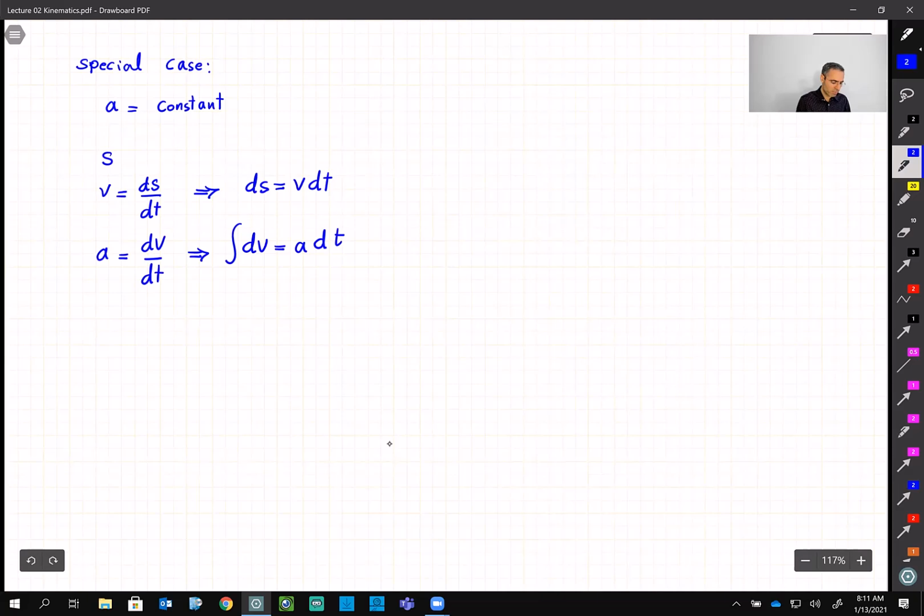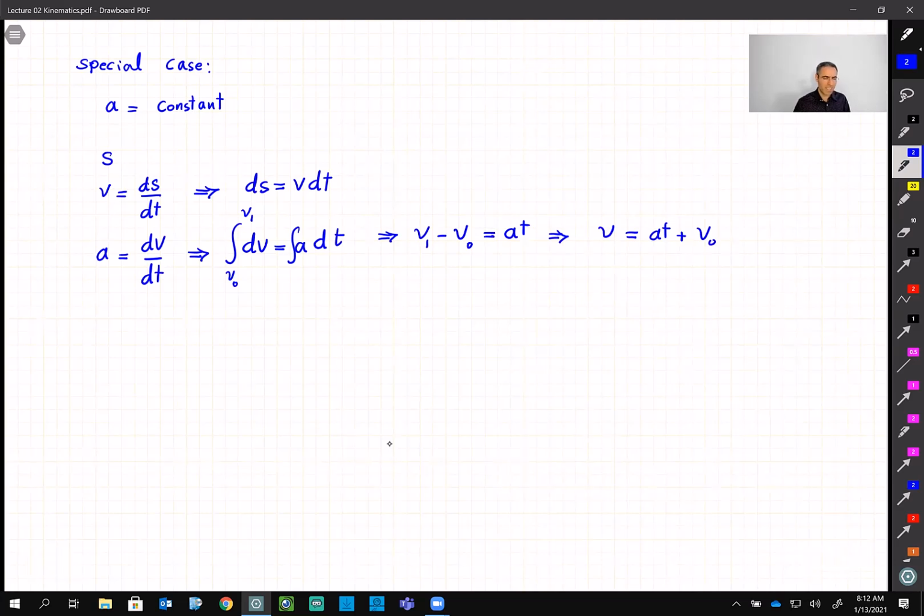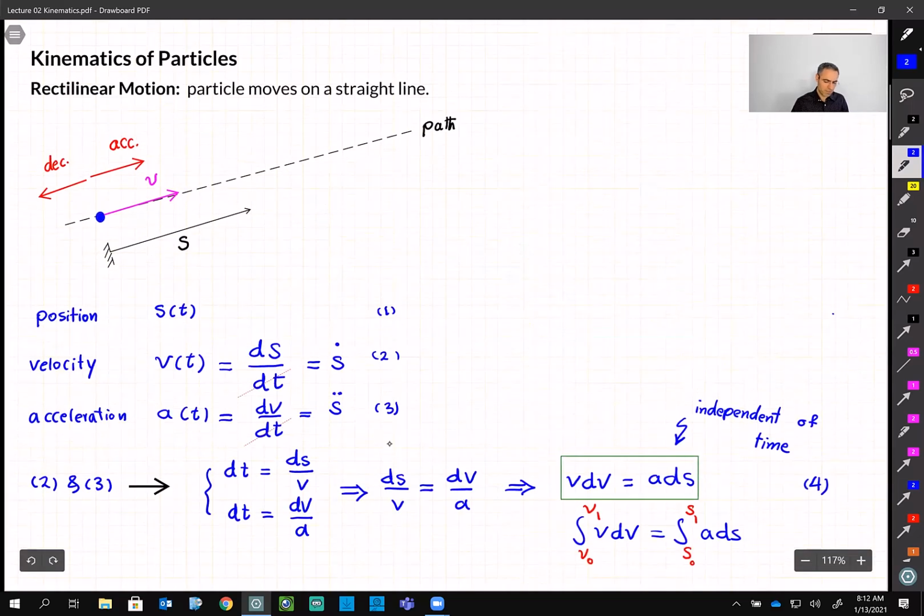If I integrate this, and say we started from v0 and we get to v1, with acceleration constant, then simply I can write v1 minus v0 is equal to at. And if I simplify, velocity v is equal to at plus v0. Here I wrote v1, but it can be any velocity at any point, because this particle, let's say at time t, gets to this new point.